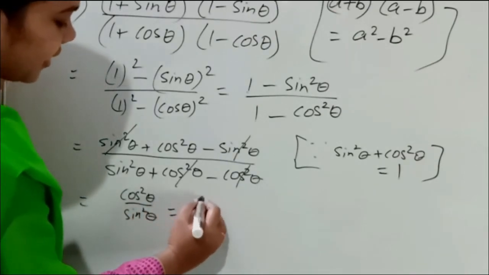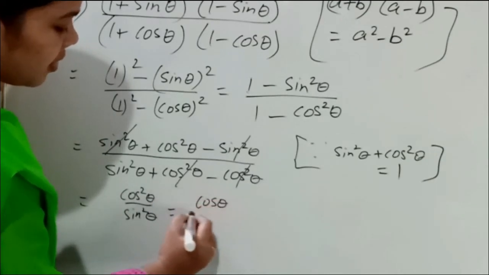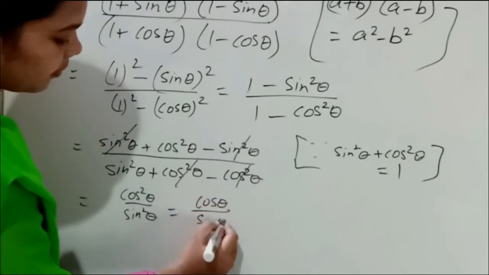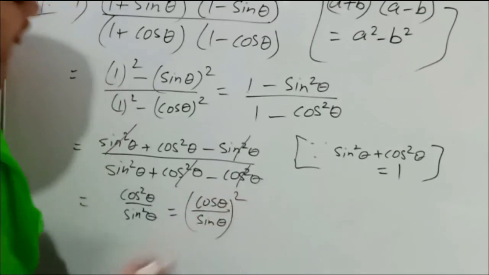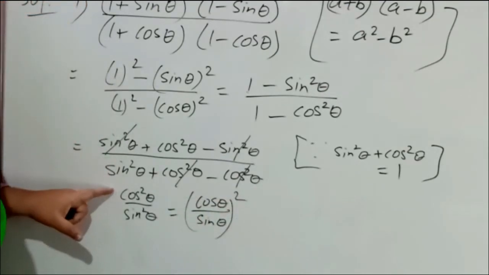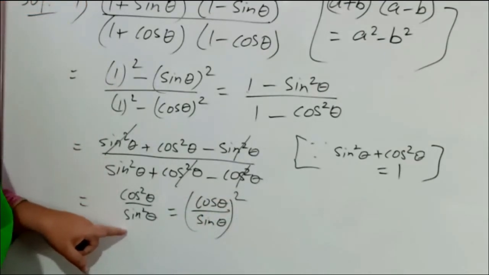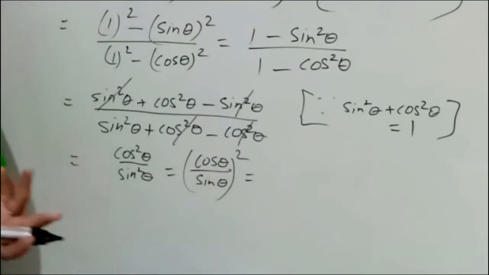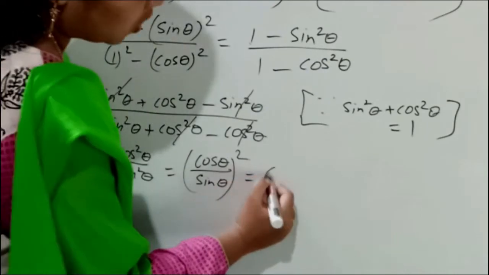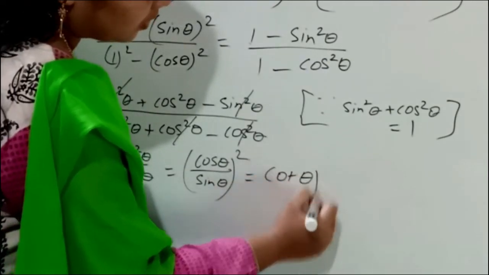So I can write (cos theta by sin theta) whole square. Is it or not? This is also cos square theta, this is also sin square theta. Cos theta by sin theta is what? Cos theta by sin theta is cot theta. That is cot theta whole square.